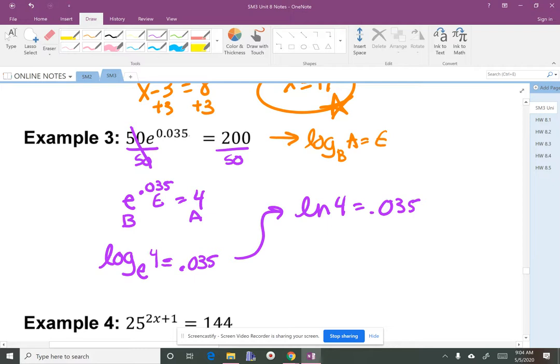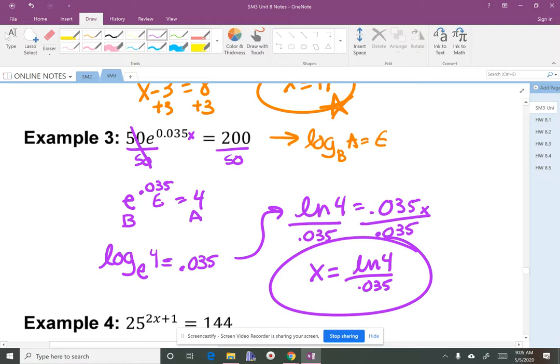I think there's supposed to be an x on here, so we're going to put an x there. Then the way I solve that is I divide by 0.035, so x equals ln of 4 over 0.035. I'm fine if you leave your answer like that. Totally okay.